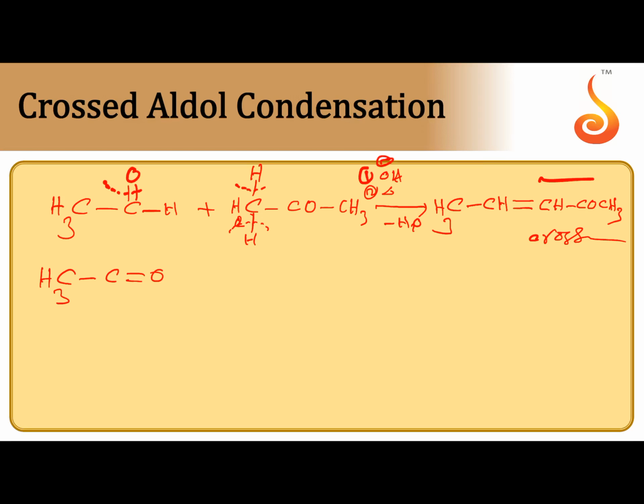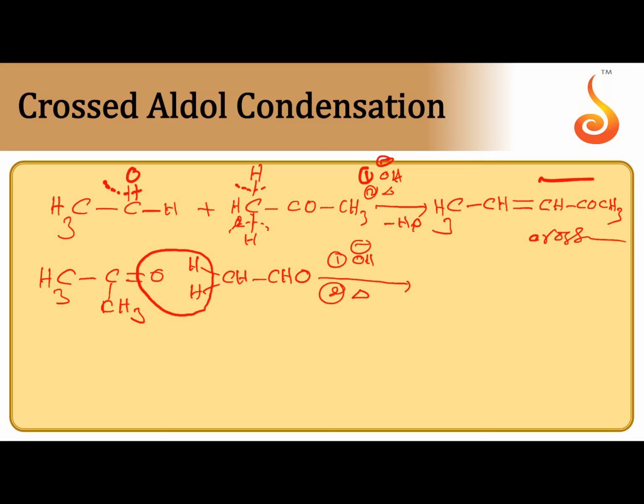Now you exchange: you take acetone as substrate and acetaldehyde as reagent. See, remove 2 alpha hydrogens from acetaldehyde and oxygen from acetone. So in the first step, condensation with dilute NaOH. In the second step, heating. So directly we can get CH3, CH3, double bond CH, CHO.